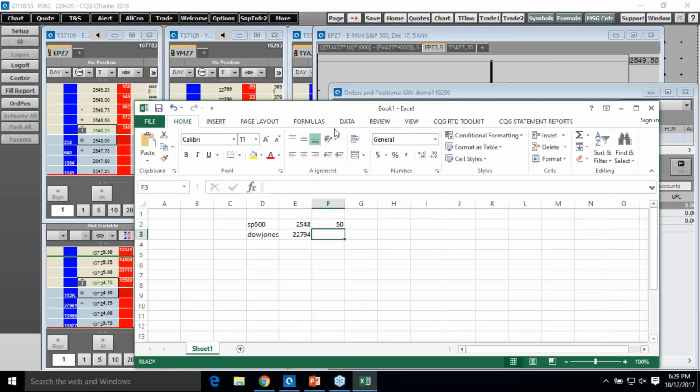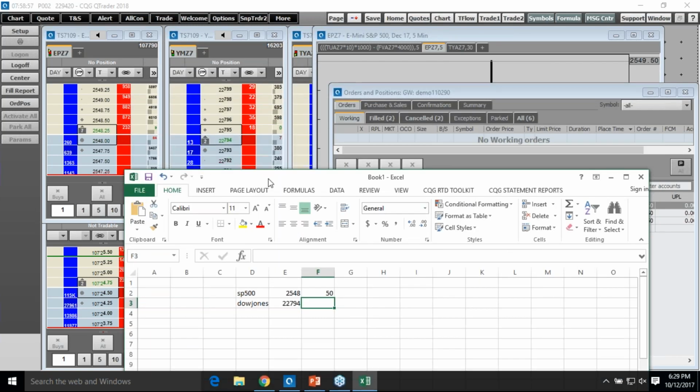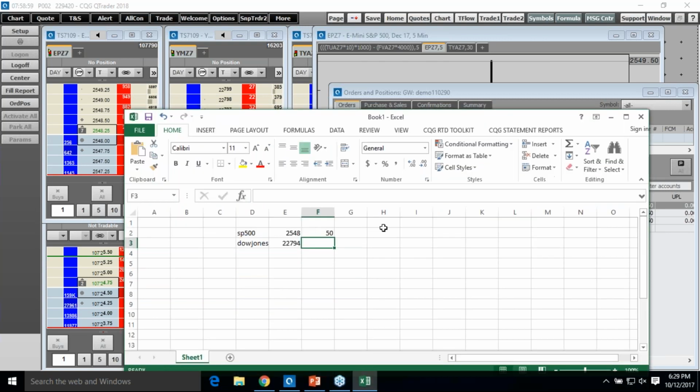Similarly, on Dow Jones, the price move, the one full point value is still $5, which is also the tick value, right? So when you are actually looking at the contract value, you take the multiplier and say, it's worth $127,400 if you bought one S&P at 25.48.